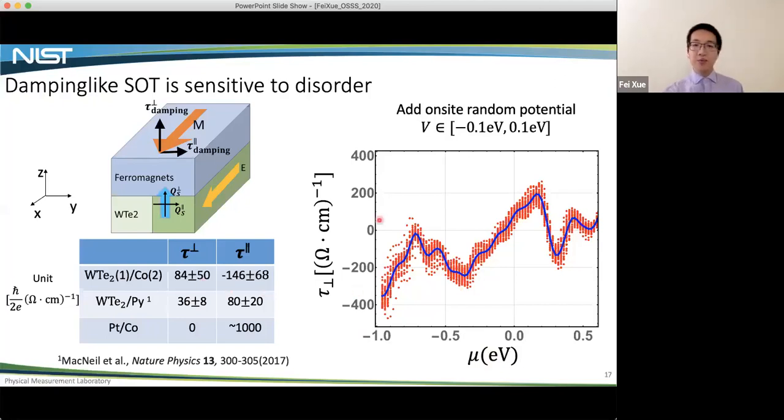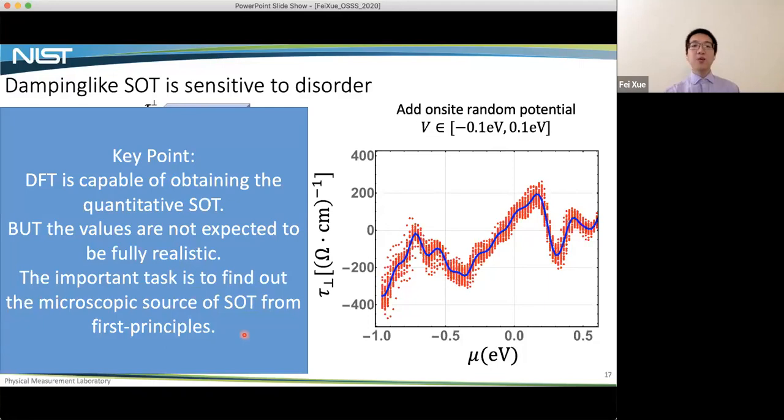So by extracting the information from this calculation, we see there's a large error bar for the number we calculate. It can be more than 50% in the perpendicular damping-like torque. And also we compare with experiments, they show a number a little smaller than what we have calculated. And these two numbers are all one order smaller than the conventional heavy metal platinum cobalt bilayer.